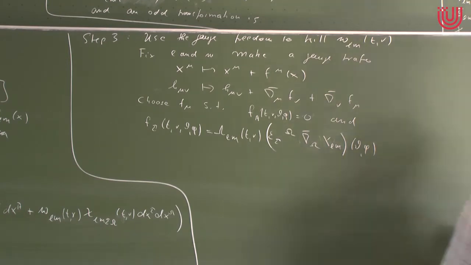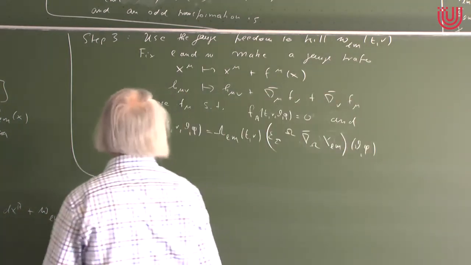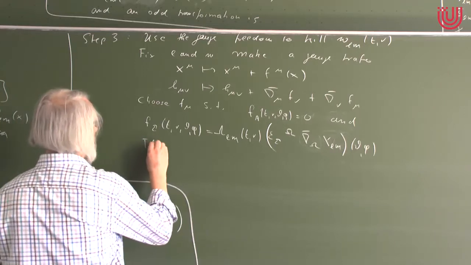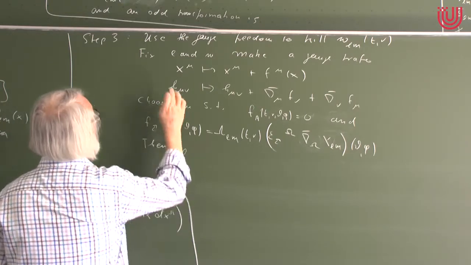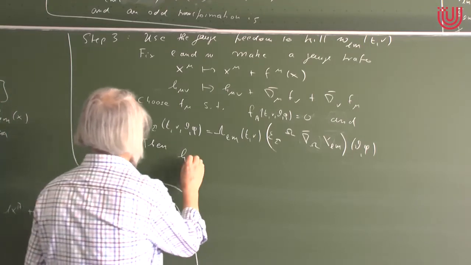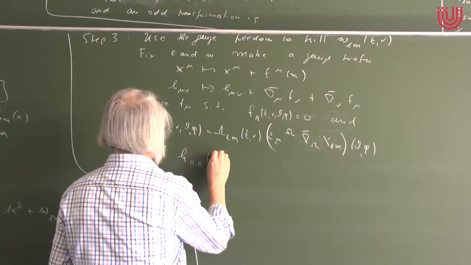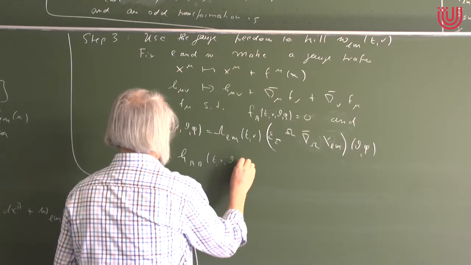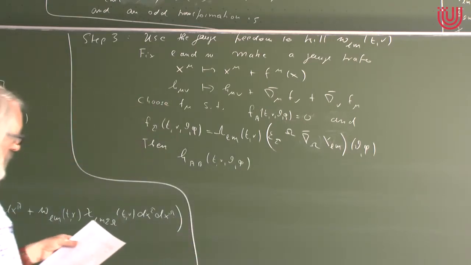So what is the transformation of the H? Then the H, here, the H mu nu. Well, first let me do the HAB, of t, r, theta, and phi.